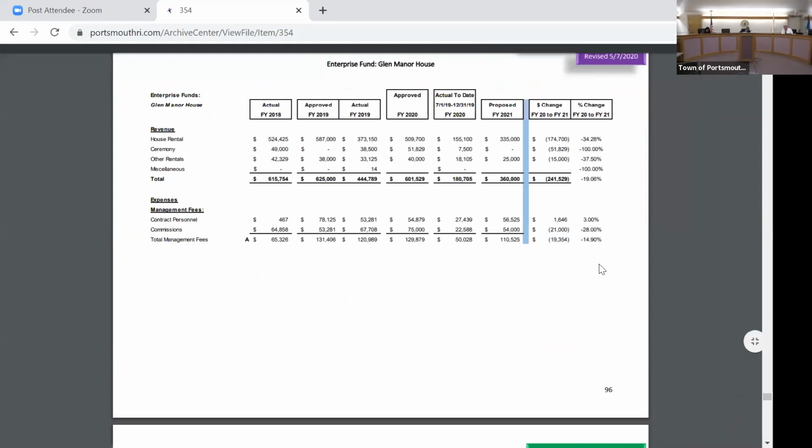And we have revised other rentals from $40,000 to $25,000, giving a total of $360,000. So we are asking for new provisional approval of $360,000 for anticipated Glen Manor House revenue.